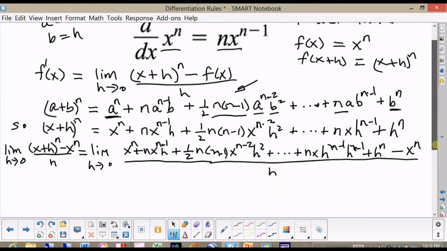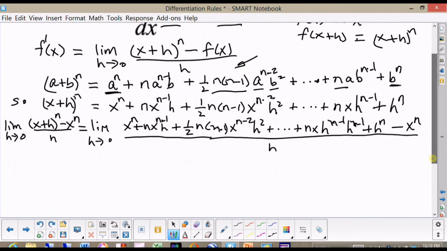Now, let's give myself a little bit more room, and let's see what's happening. As you have seen in all the other examples, x to the nth power is going to be canceled out by minus x to the nth power. And notice that every other term has h or h squared or h cubed or h to the n as a factor.